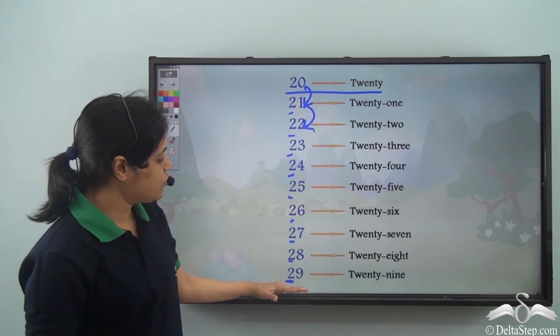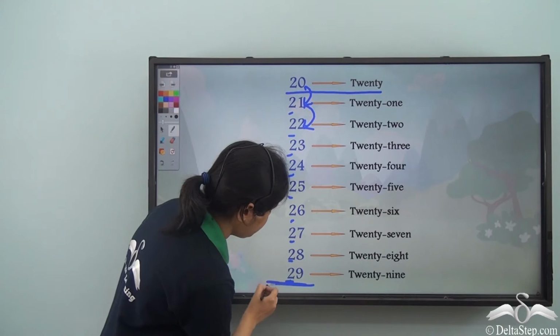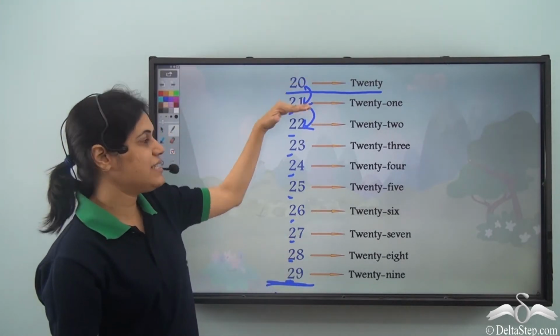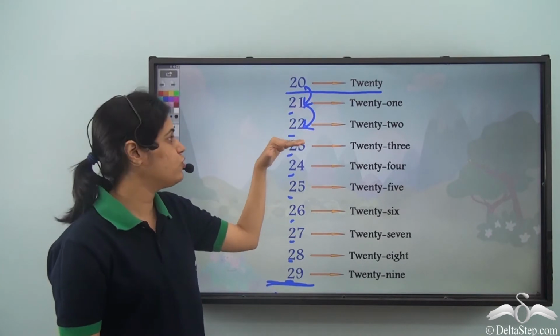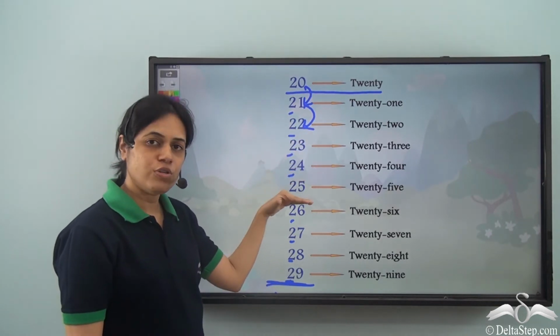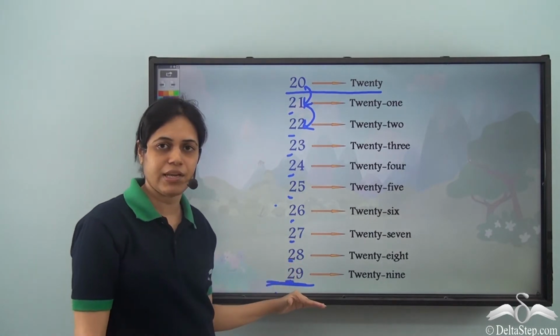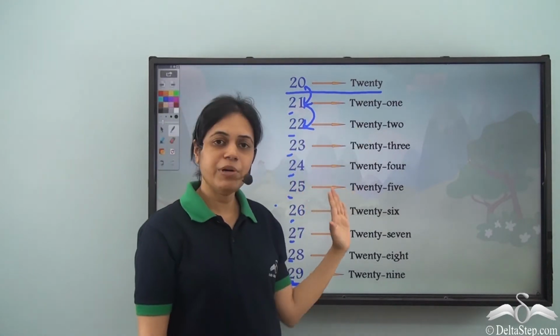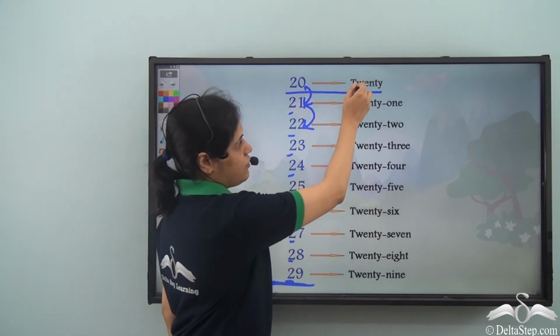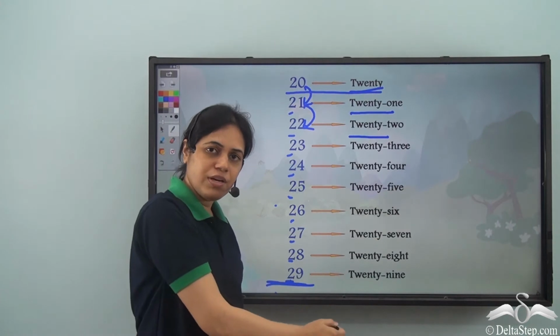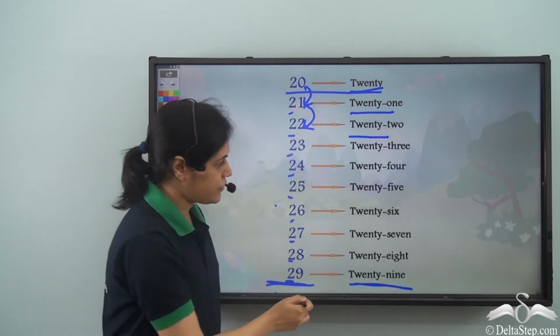So it continues in this manner till 29. Okay, so we have 20, 21, 22, 23, 24, 25, 26, 27, 28, and 29. And what about the number names? Well, we have 20, 21, 22, and so on till 29.